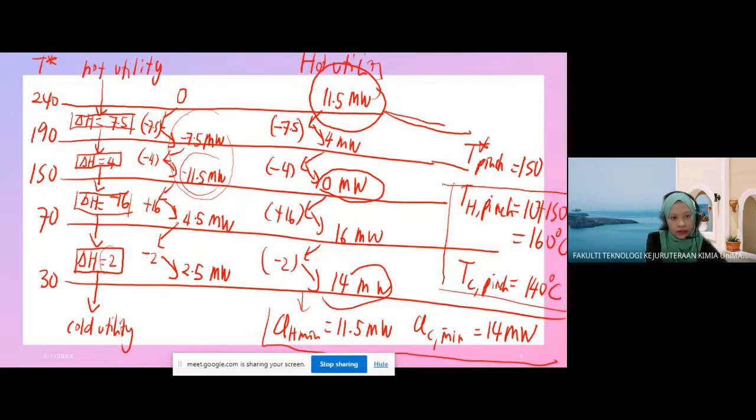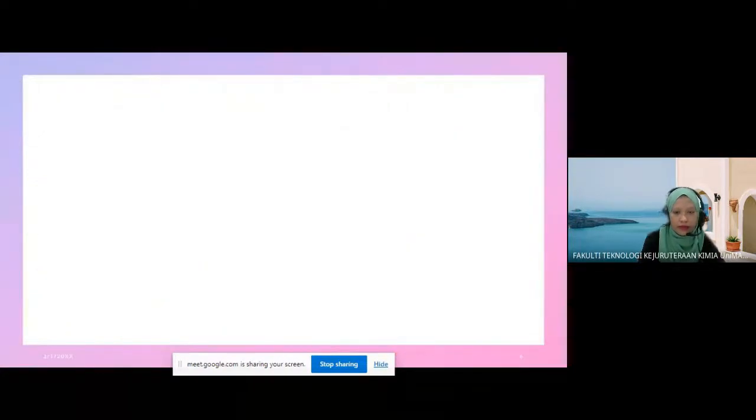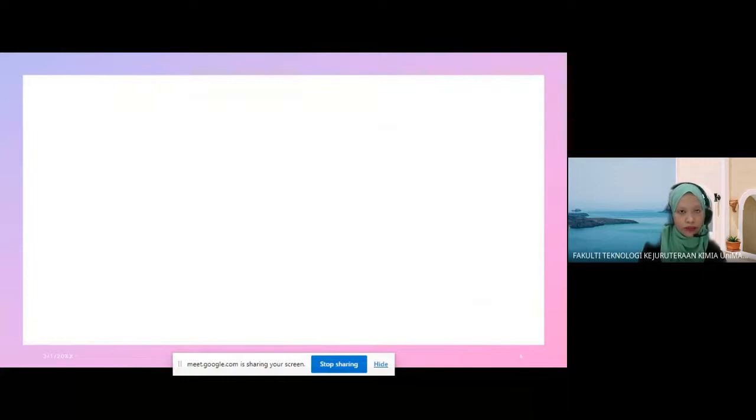Once you know the hot pinch temperature, cold pinch temperature, and QH and QC min, you can start designing your heat exchanger network because you know your pinch temperature is 160 and 140 for the hot and cold streams. Now we start with the area above the pinch.